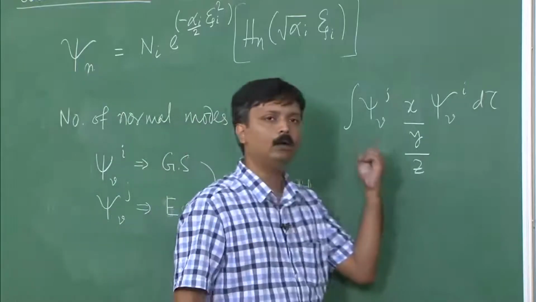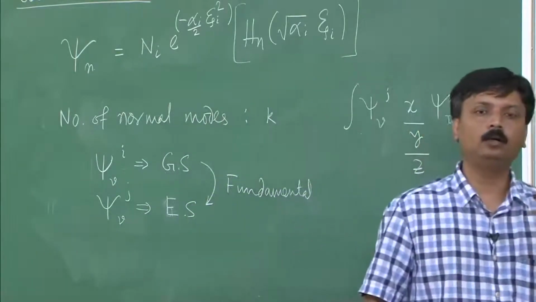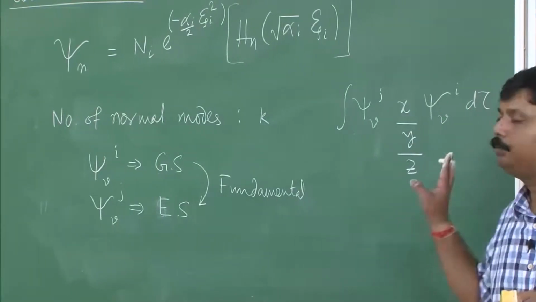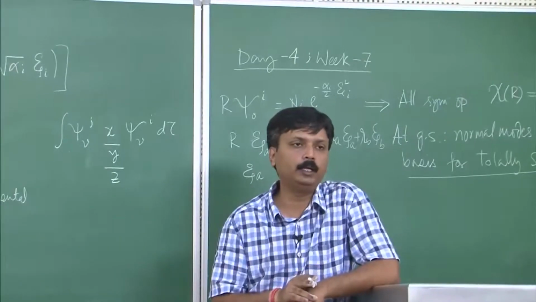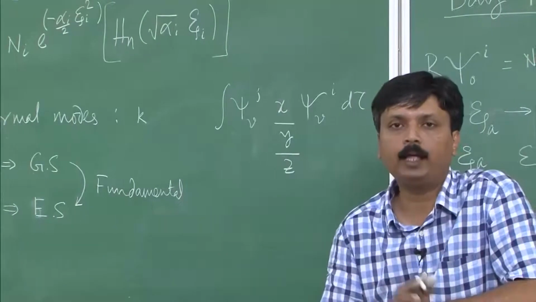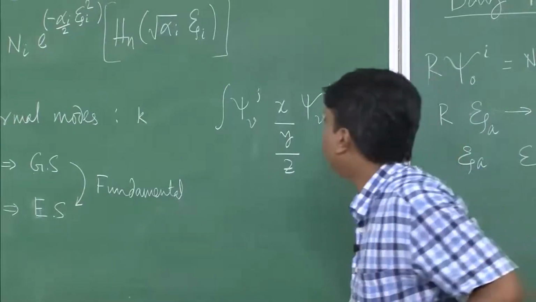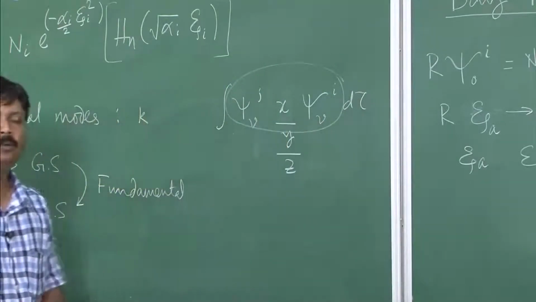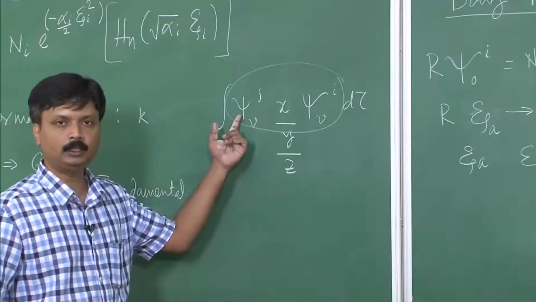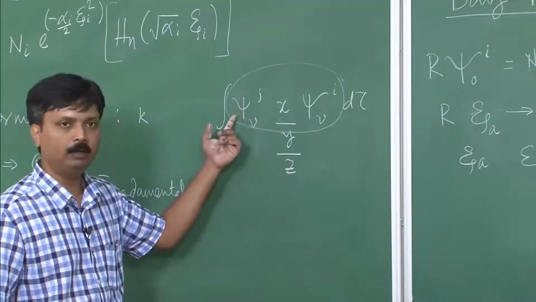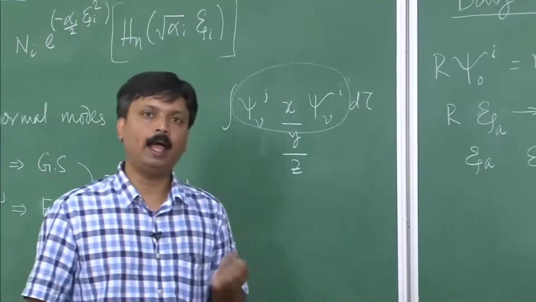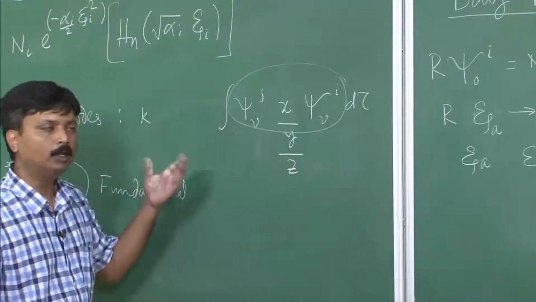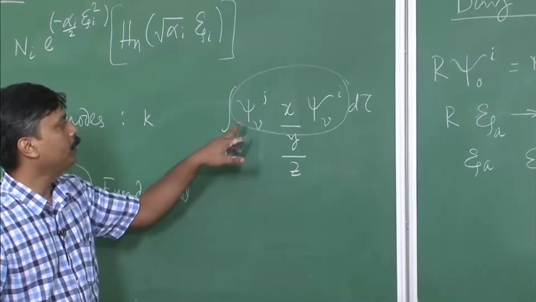Now I need to talk about the result of this integration. This particular transition moment integral will survive only when the direct product of these functions satisfies a condition. Each of these wave functions will transform as, or form the basis for, one of the irreducible representations of the particular point group we are concerned with.